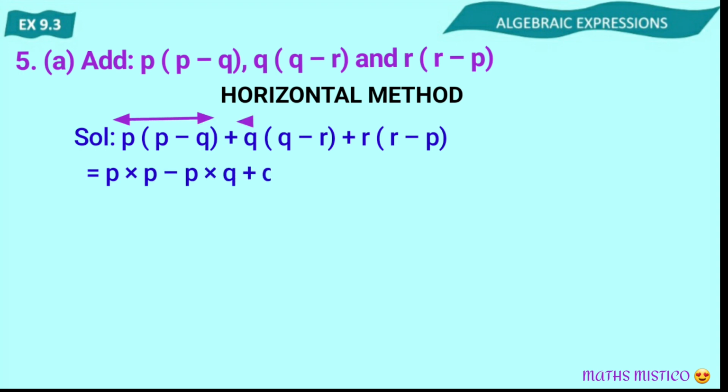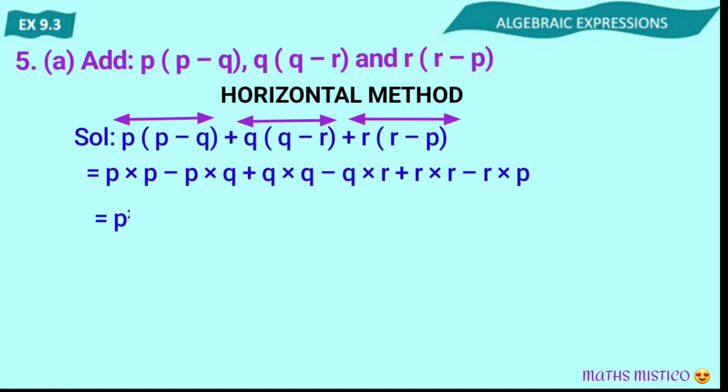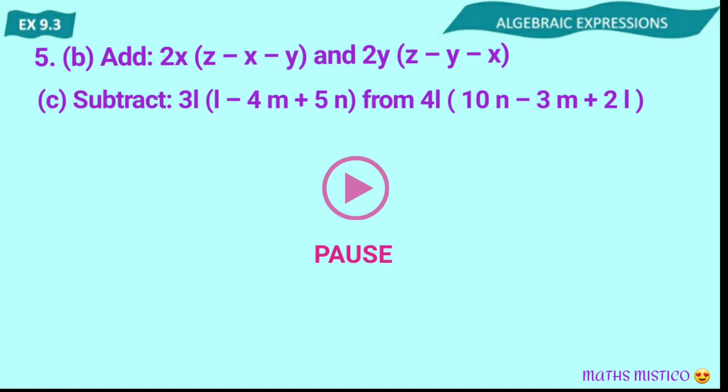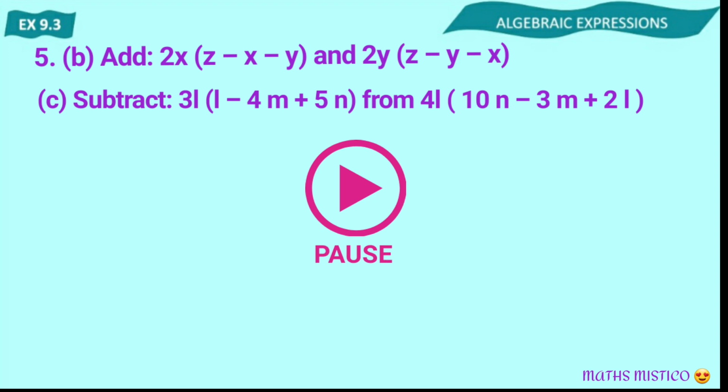Then from the second one, we get plus q into q minus q into r, and similarly plus r into r minus r into p, which becomes p square minus pq plus q square minus qr plus r square minus pr. Do you find any like terms? No. So this is the answer, and you can see it is same as the previous answer. So now try the next 2 parts yourself. I am here to help you if you find any problem.